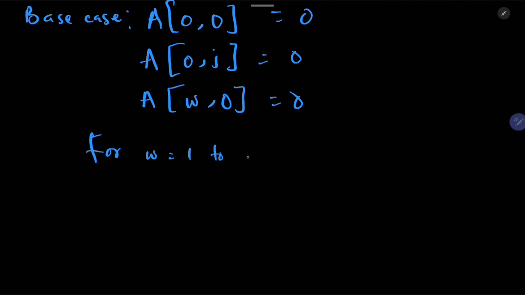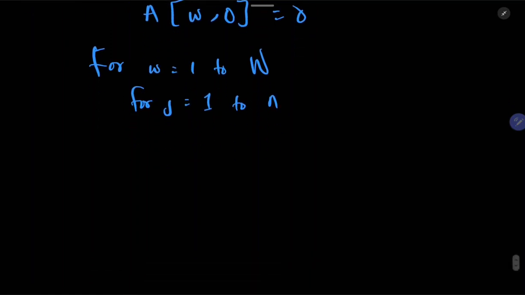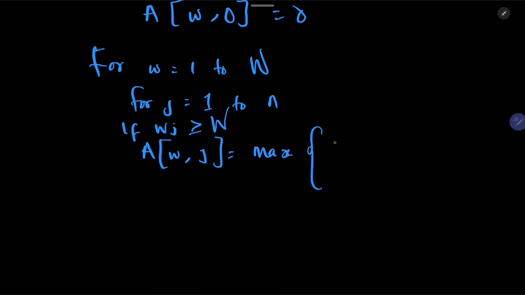For W equals 1 to the capacity, and for J equals 1 to the number of items, if the weight of J exceeds or is equal to the capacity, in this case it can only be equal to the capacity, then we have the maximum of, that's the formula I gave you earlier, J minus 1 if chosen, or if not chosen, you have the capacity intact, J minus 1 if not chosen.